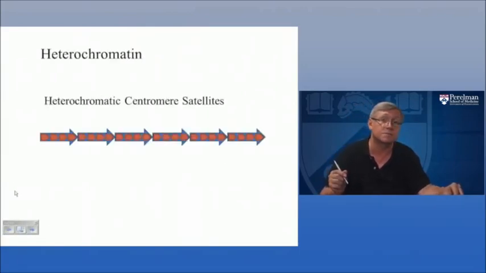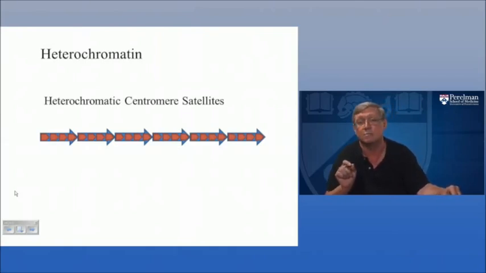Here's an example of the sequence structure of a heterochromatic region, in this case a centromeric satellite, where, with the small red arrows, you have short stretches of tandemly repeated DNA segments, and these can be grouped into larger sub-repeats that encompass larger and larger regions. And as I mentioned, these can extend over very large distances, millions of bases and more.